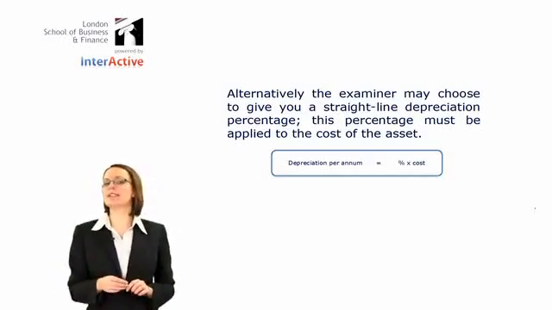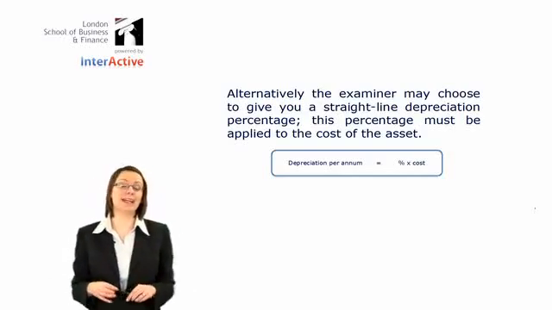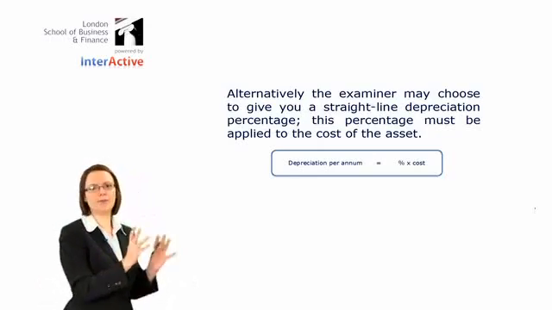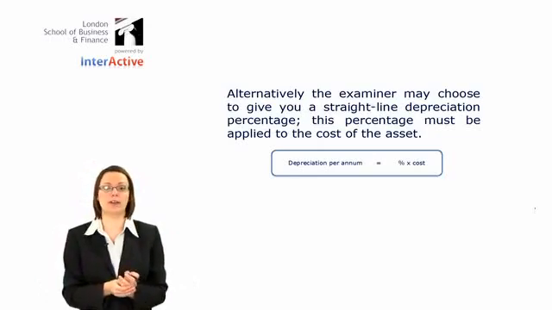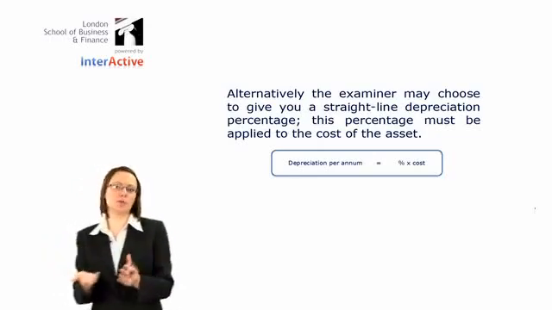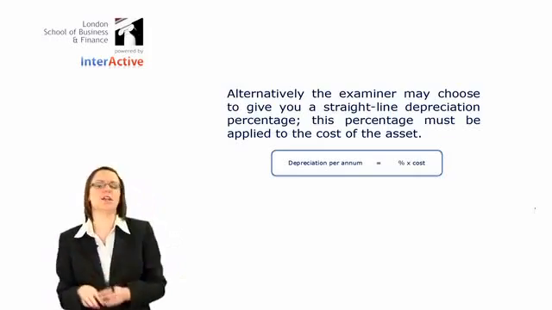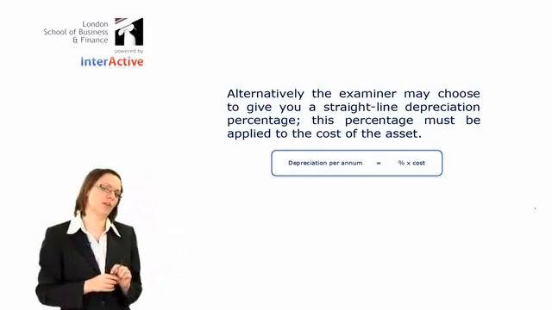Now, the examiner will always give you the percentage to apply. So the examiner could say the depreciation charge is 2% per annum straight line, and that would be on cost. All right? And if you think about it, 2% would represent effectively a 50-year life of the asset. Same charge based on the cost each year.